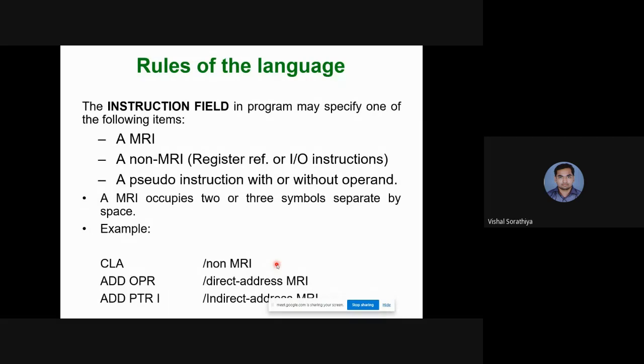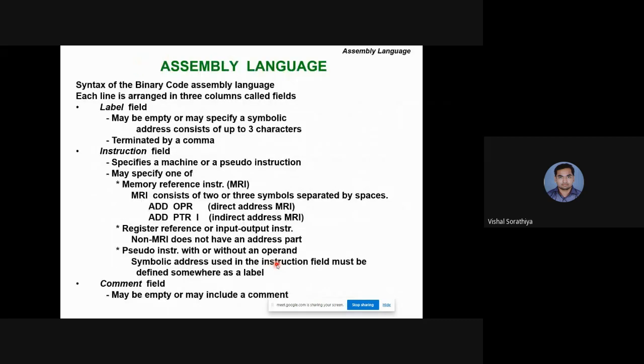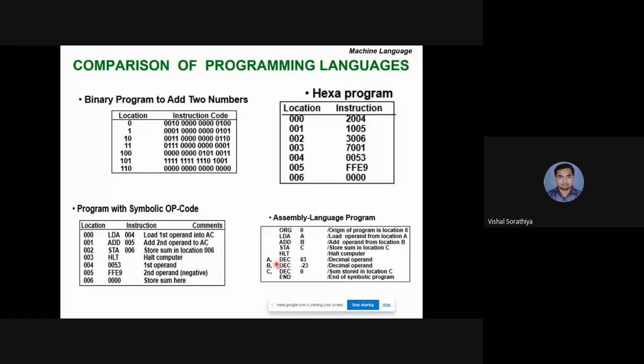So over here, the symbolic address is either 1, 2, or 3 alphanumeric characters, and it is going to be terminated.